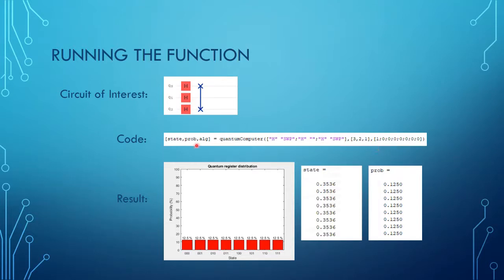These outputs include a graph of the probability distribution for each state, a vector of each output state, the probability distribution of the output states, and the overall matrix operation that was applied to the initial qubit state. This output is known as alg, and it's not included in this slide. But in our case, alg is equal to the Hadamard matrices multiplied by the swap gates matrices.